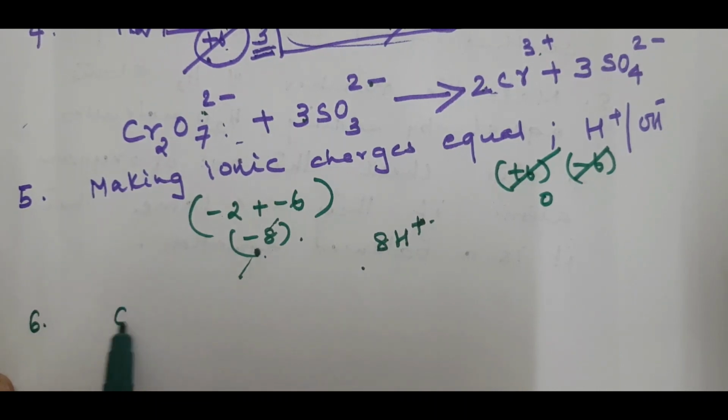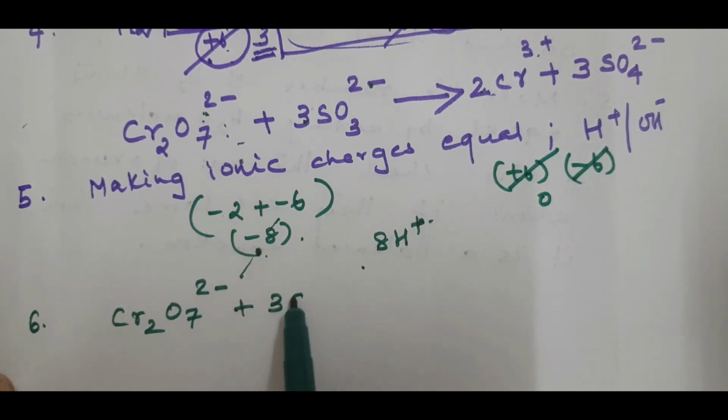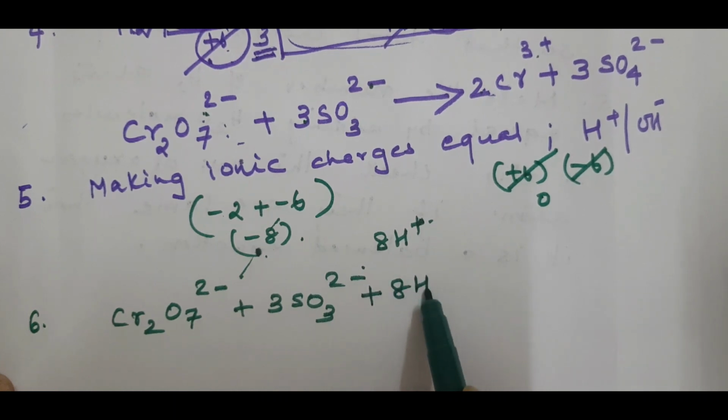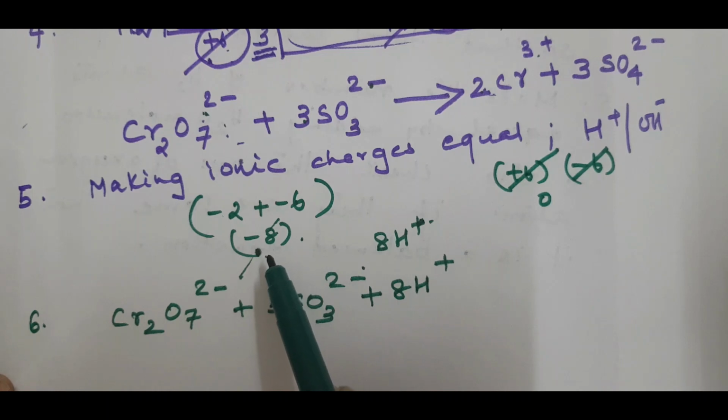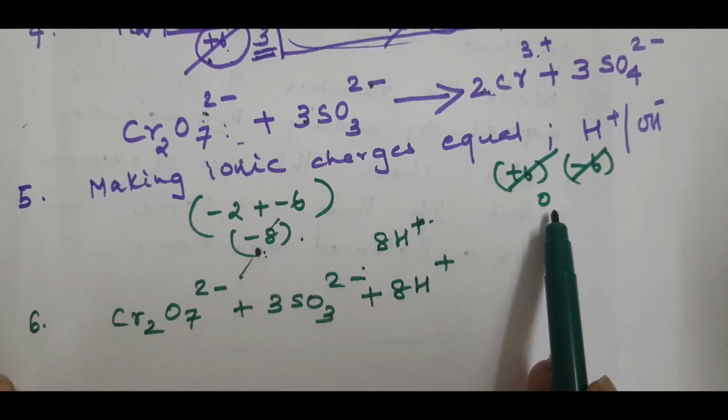Now my sixth step, how will I write? Cr2O7 2 minus plus 3SO3 2 minus plus 8H plus. You know why I put 8H plus? In order to equalize the charge. Because here there is minus 8, here there is 0.